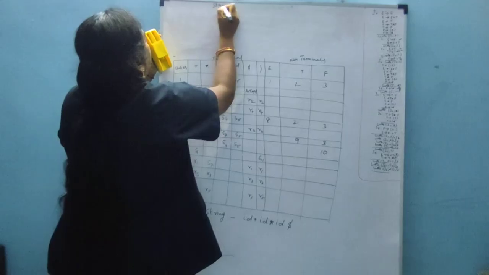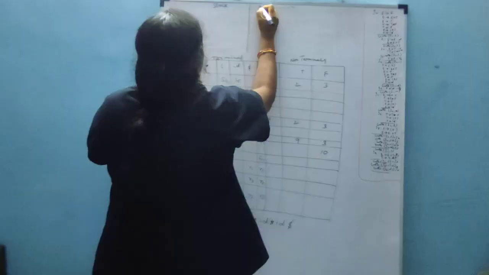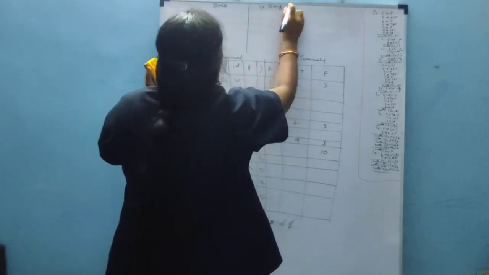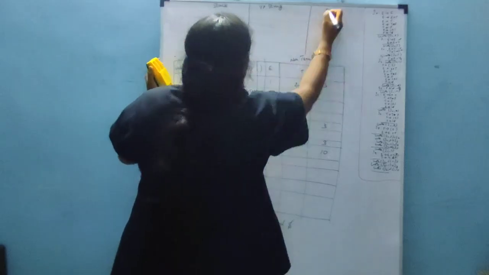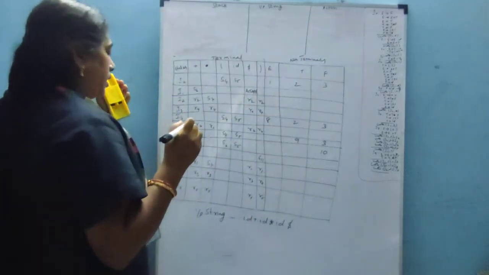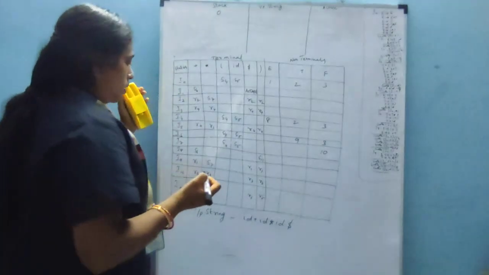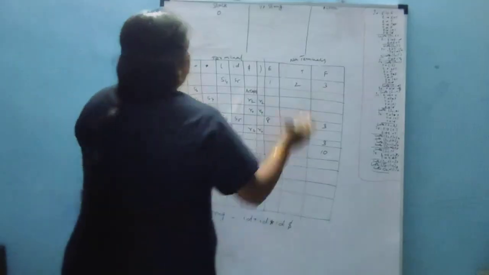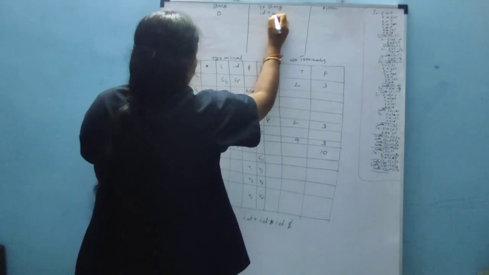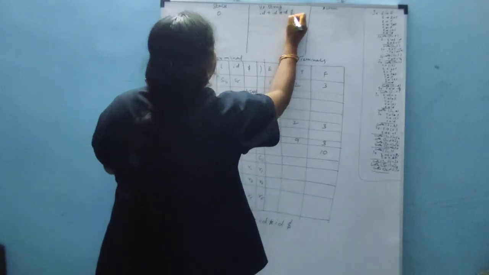So here, make a table with stack, then input stream, and then your action, what you are going to do. Initially the stack should be 0. Then the input string is id plus id star id dollar.